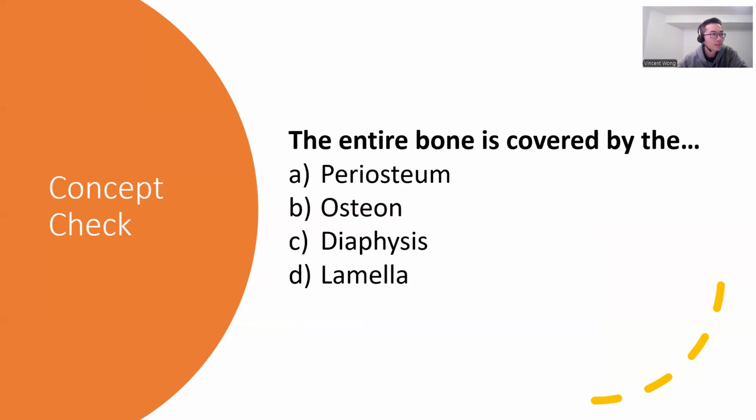How about this? Remember my tissue paper? If you peel off this outermost layer, it's where the muscle and the blood vessels will be attaching. What do we call the connective tissue?